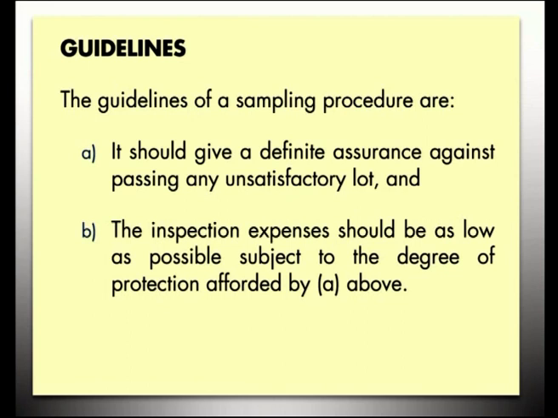The guidelines of a sampling procedure are: it should give a definite assurance against passing any unsatisfactory lot, and the inspection expenses should be as low as possible, subject to the degree of protection afforded by the point above. That is very important.